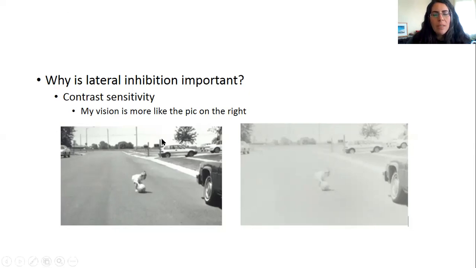So this is, on your right, what the world would look like without contrast sensitivity, okay? You wouldn't be able to discriminate an object from the background. You wouldn't be able to see the borders or the boundaries of objects.